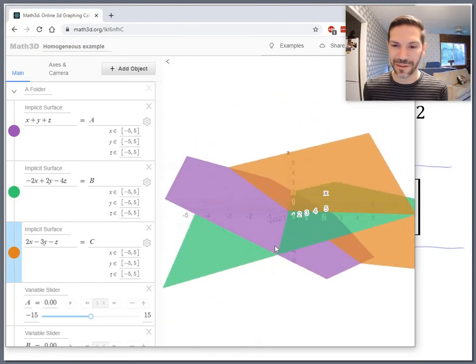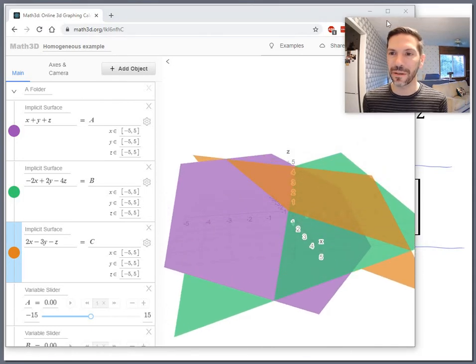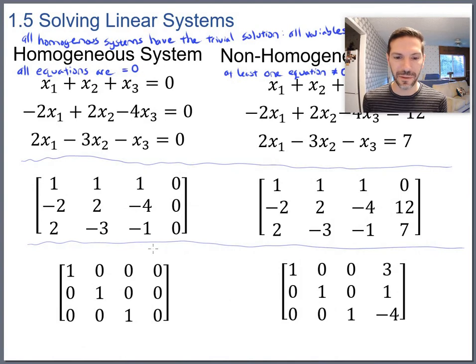It's the only place that all three planes intersect. And we already knew that was the solution, and the only solution to our system of homogeneous equations was just 0, 0, 0.